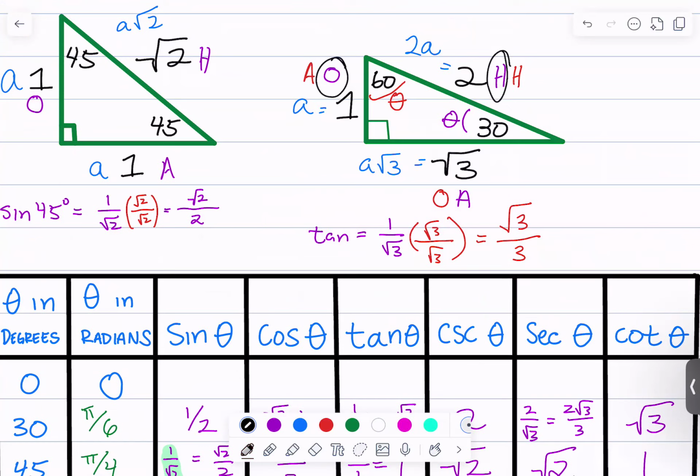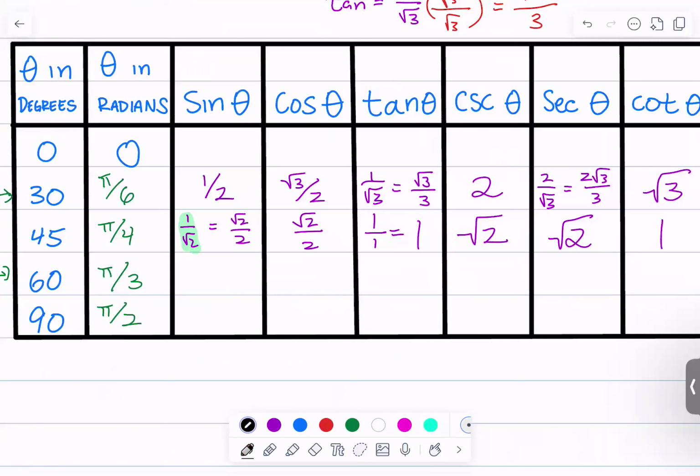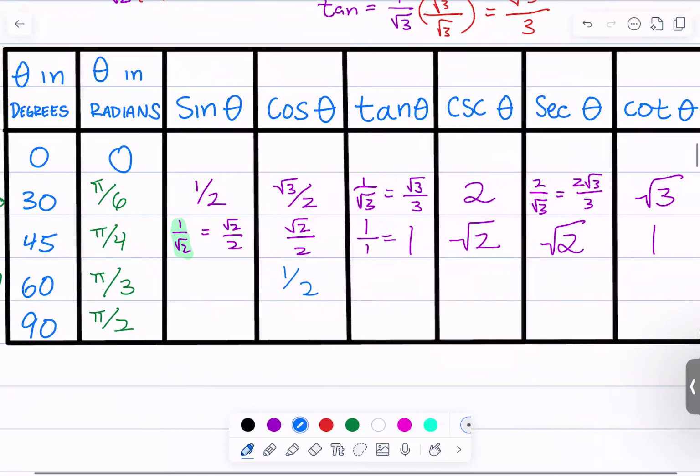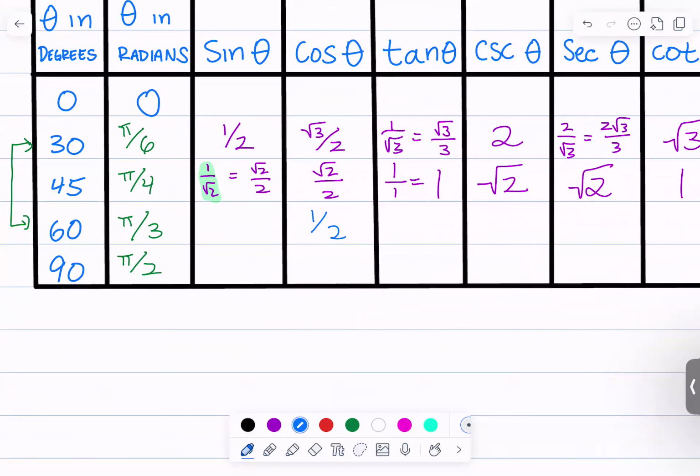Of 30. That's the sine of 30. But in terms of 60 degrees angles, that's adjacent over hypotenuse. Right? So what I can say now is that 1/2, which is the sine of 30 degrees, is the cosine of 60 degrees. Yeah? They flip-flop.